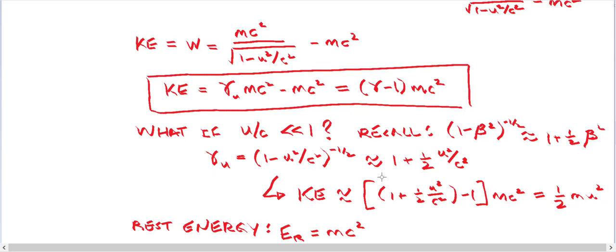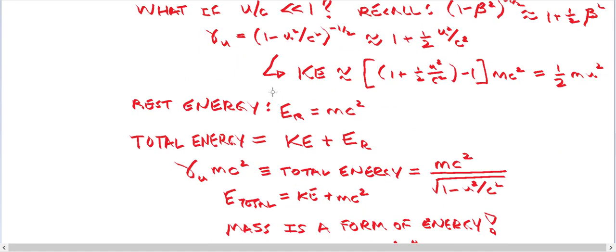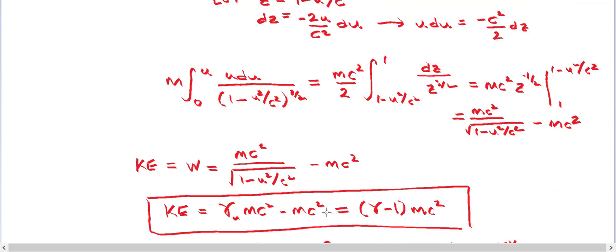I'm going to introduce another quantity, which we're going to call rest energy. It is going to be mc squared. So the total energy, again, this ignores potential, right? The total energy is just the kinetic energy plus the rest energy. And so the kinetic energy was gamma minus 1 times mc squared.